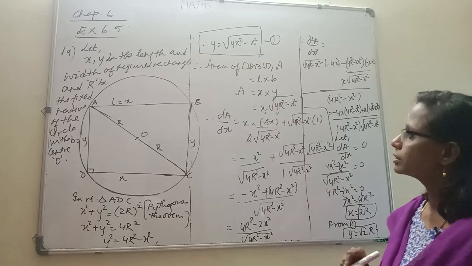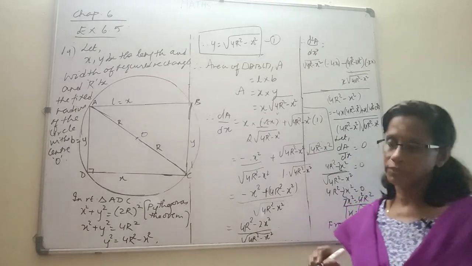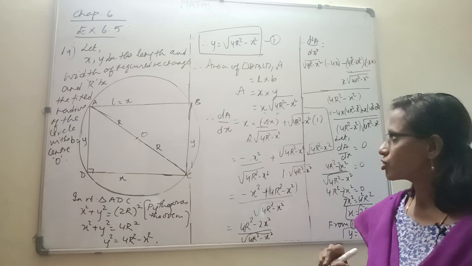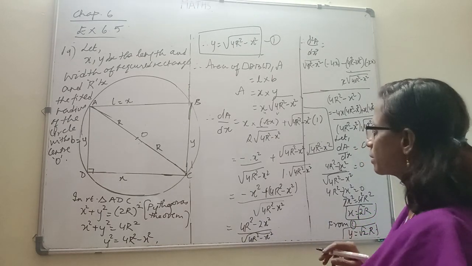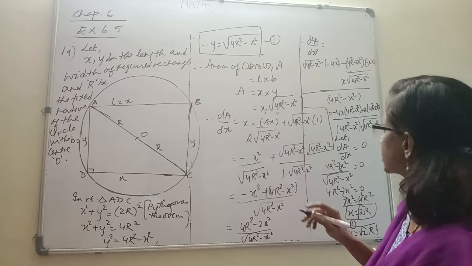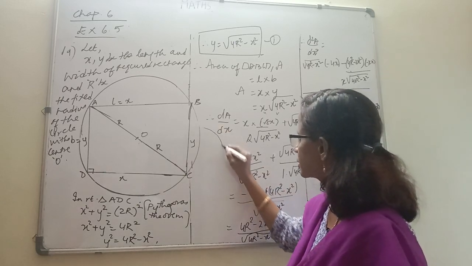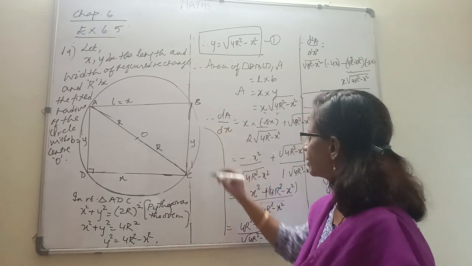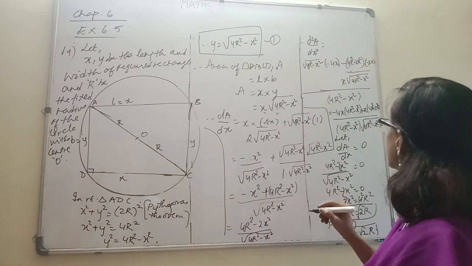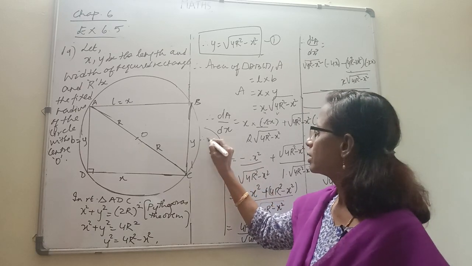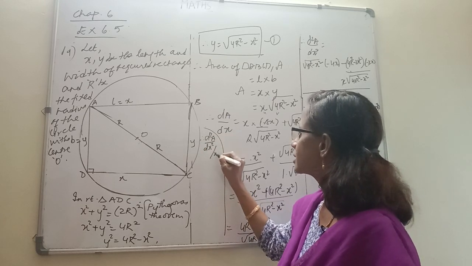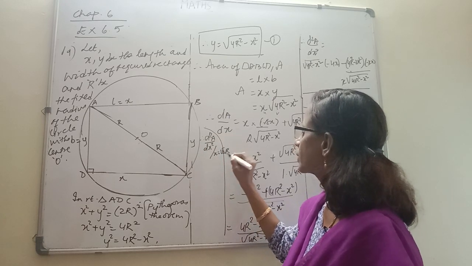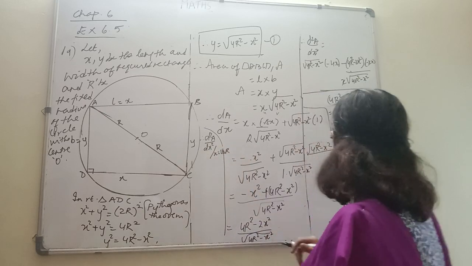Now the thing is not over, we have to confirm that it's maximum. So let's check where we can confirm the maximum. Let's take this place and check this maximum there. So d squared A by dx squared at x equal to root 2 r.